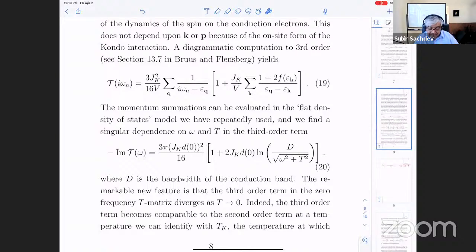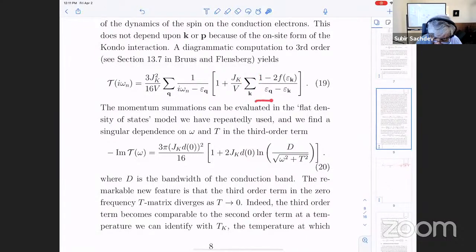Let me just give a summary of the basic RG argument, but I'm not going to go into it in any detail, because we're going to get the same answer by a more general method, a method that generalizes to other physical systems very shortly. So anyway, if you look at this particular answer for the T of omega, it involves basically summing over all the conduction electron states. There's a sum over Q, and there's a sum over K.